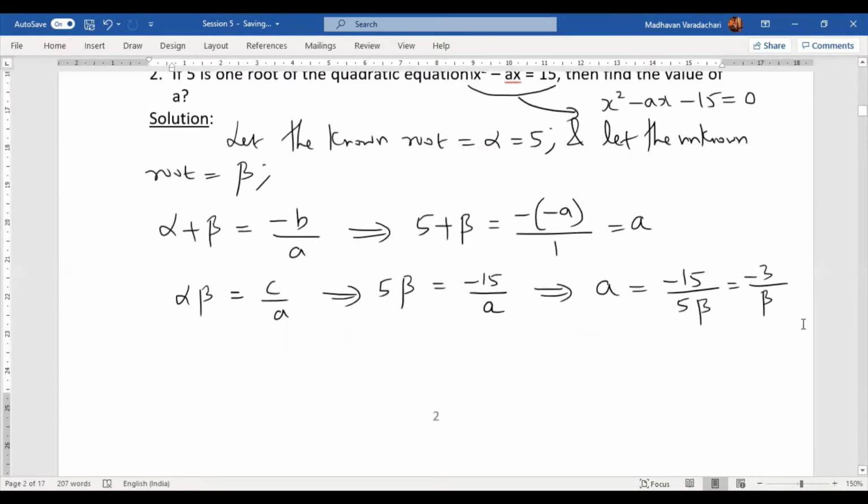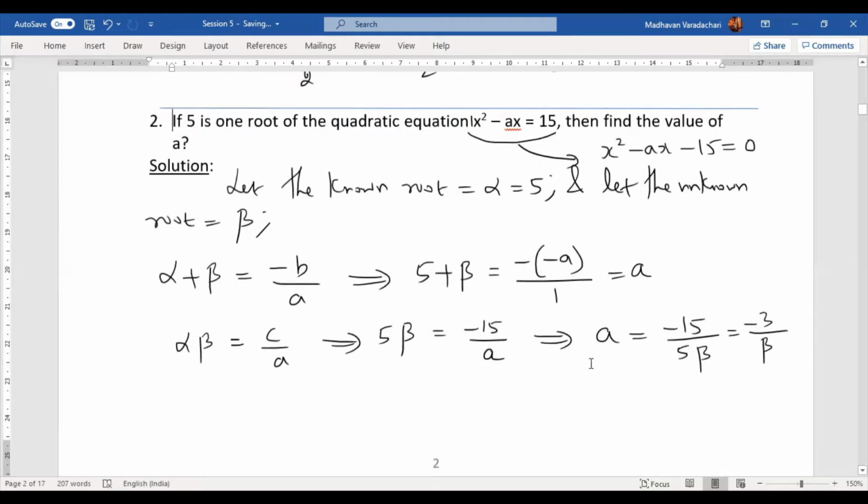I can equate it, or rather I can substitute it here. How do I do it? C by A. Oh, I made a mistake here.